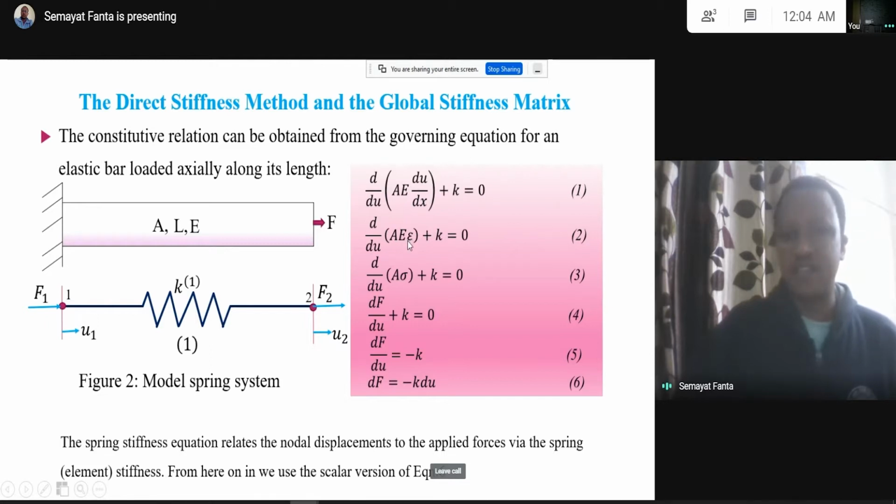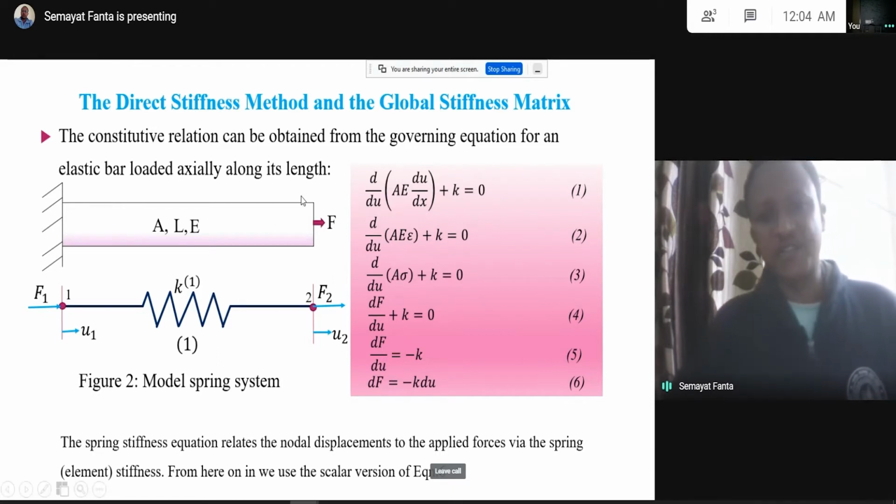We substitute strain here, and stress is equal to Young's modulus of the material times the strain. So instead of these two constants, we substitute sigma, which is stress. And then force is equal to stress times area. Since stress is equal to force over area, this A sigma is equal to F.